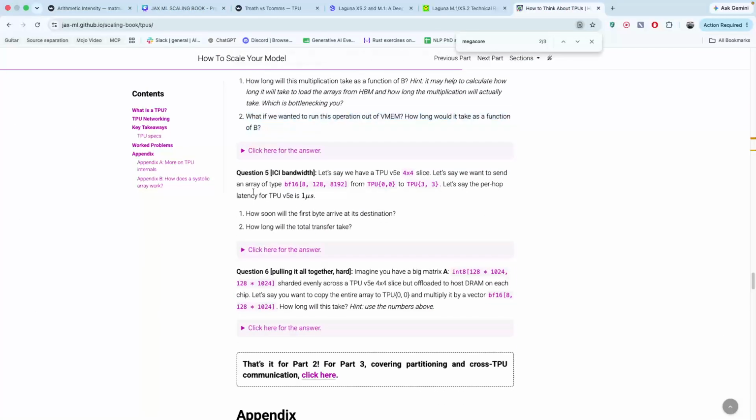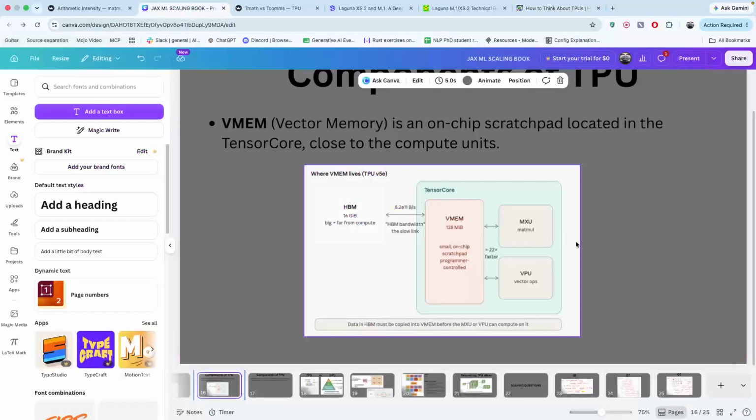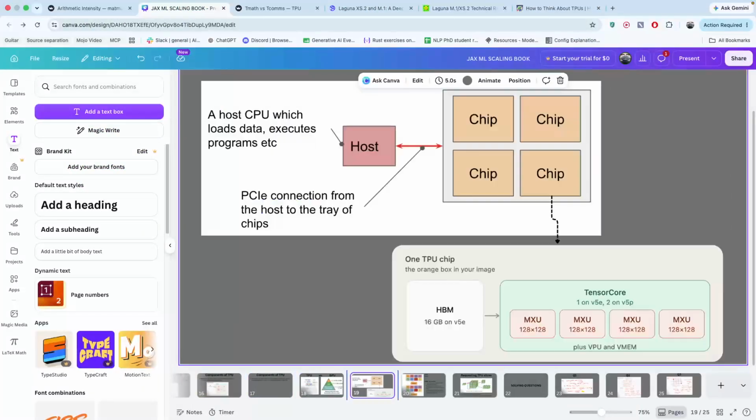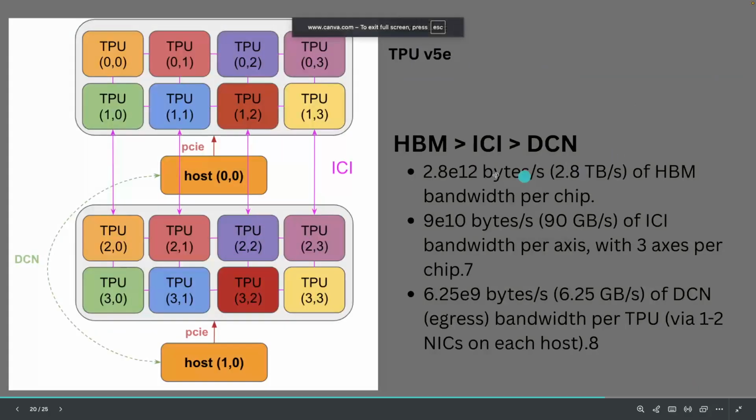We went through this question, and now let's discuss the next one. Let's say we have a TPU v5 architecture, which is 4x4, and we want to send an array from TPU 0,0 to TPU 3,3, and let's say the per hop latency is this much. How soon will the first byte arrive at its destination? To understand this question, this is the TPU v5e architecture.